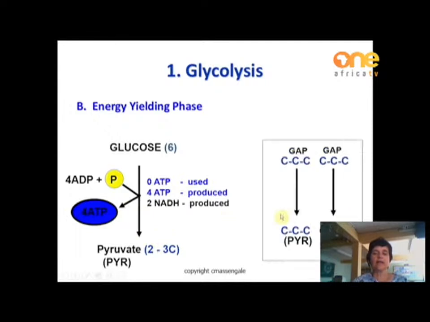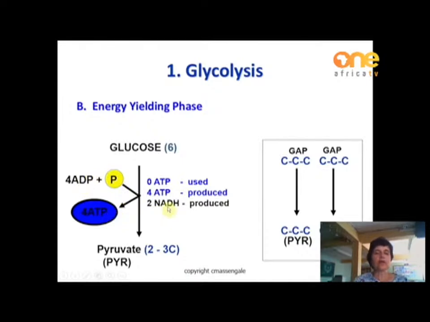And there we see the 2 pyruvate molecules. It is important for higher level to know glucose, 6 carbons, breaks down into 2 pyruvate molecules. It first needs 2 ATPs and then it produces 4 ATPs.